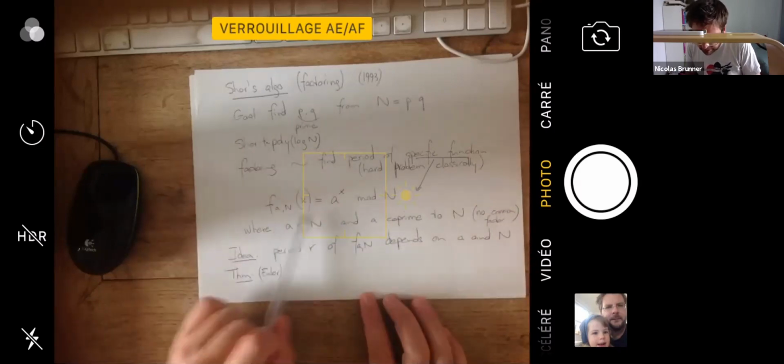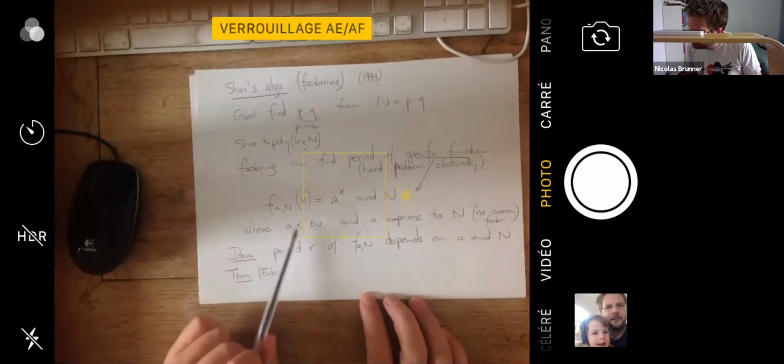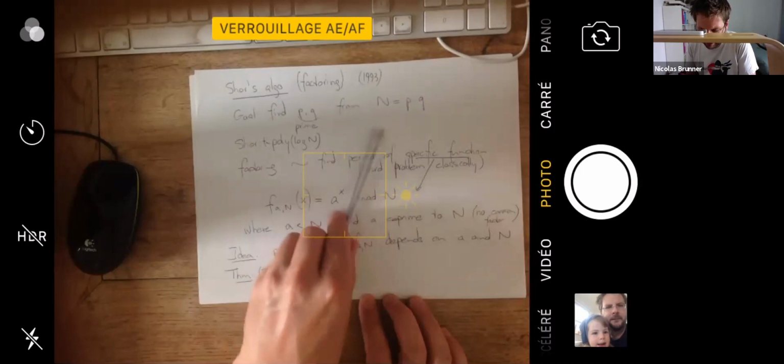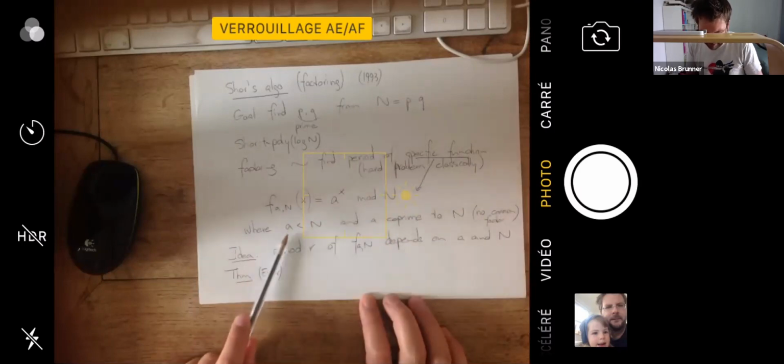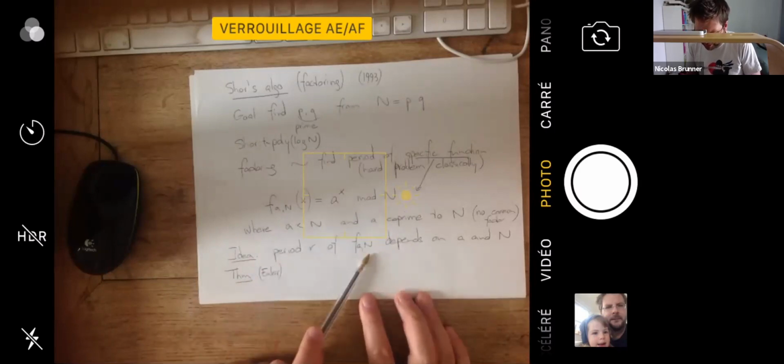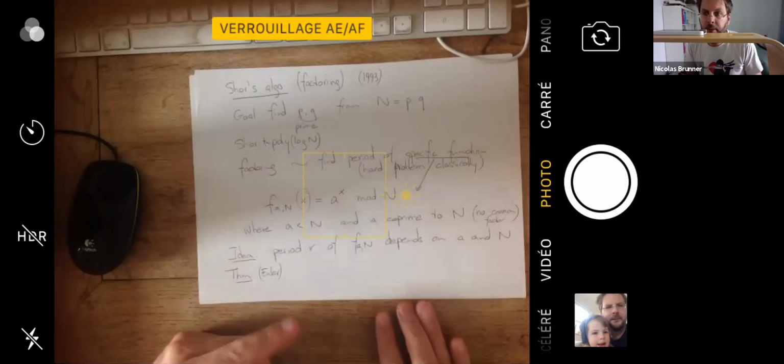And so the point is that what we're going to say now is something that is sort of probabilistic, right? Because given our problem here, so given the n, we will have to choose some a and then compute the period of this function here and hope for the best somehow.